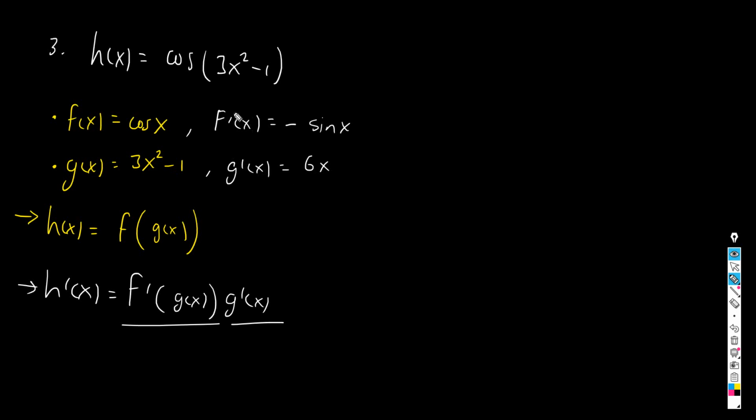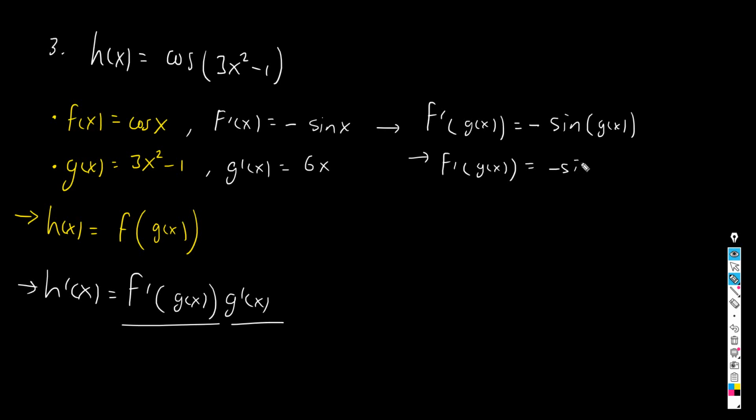But remember, we're not going to use directly f prime of x. What we need is f prime of g of x. So that means that f prime evaluated in g of x is going to be equal to minus sine of g of x. And that means minus sine of 3x squared minus 1, because this is in fact g of x.